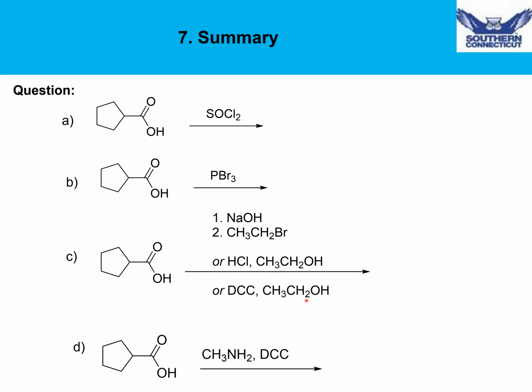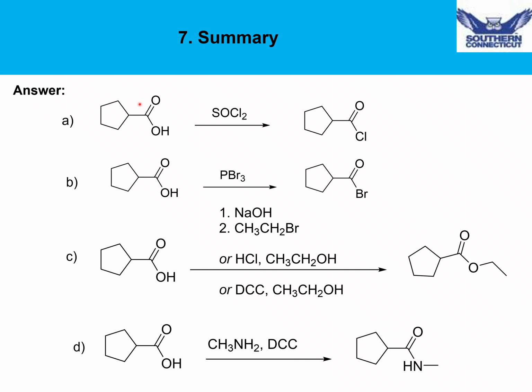And then lastly, we have DCC and an alcohol. All of these 3 related reactions would give the same product. In the last reaction in the slide, we have a carboxylic acid, an amine, and DCC.